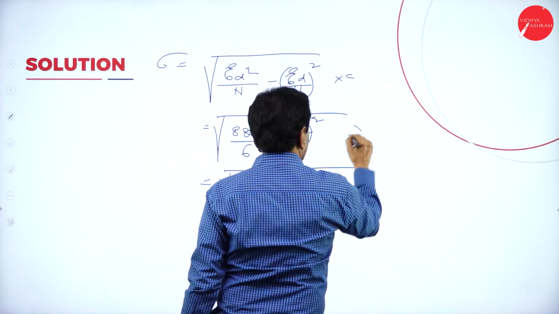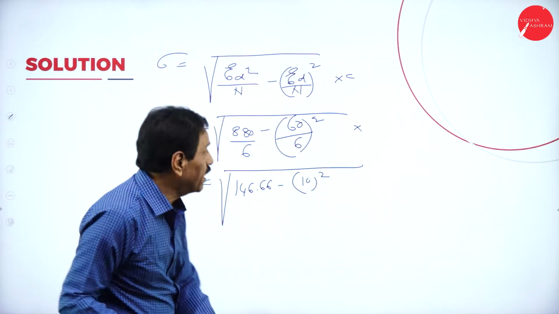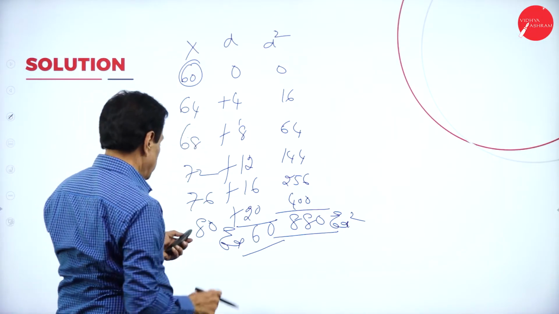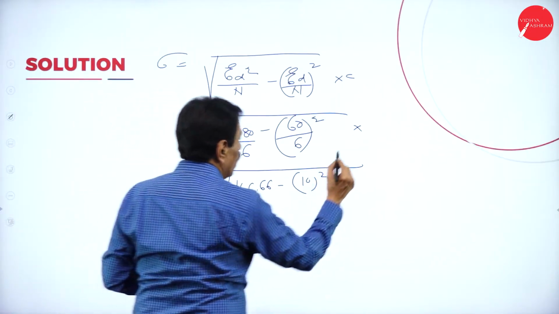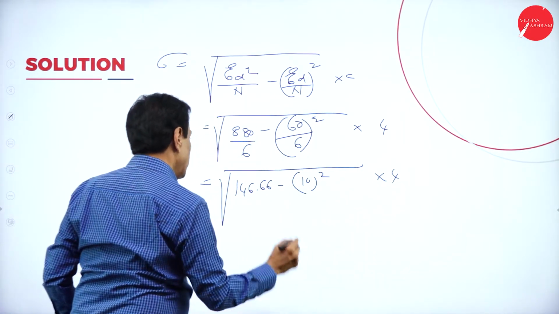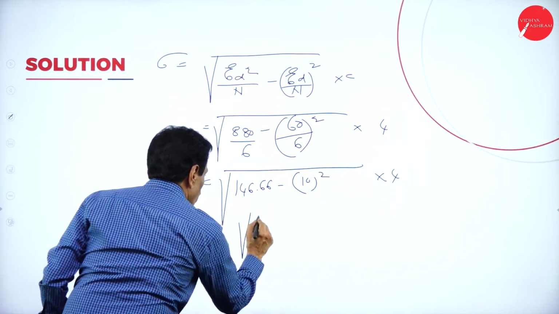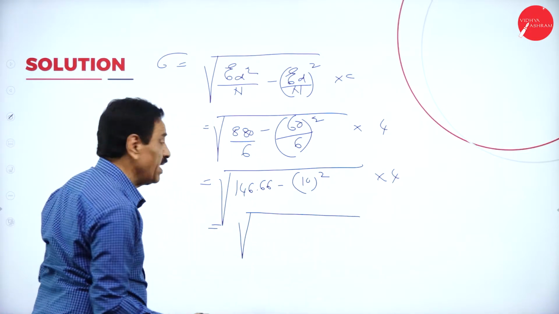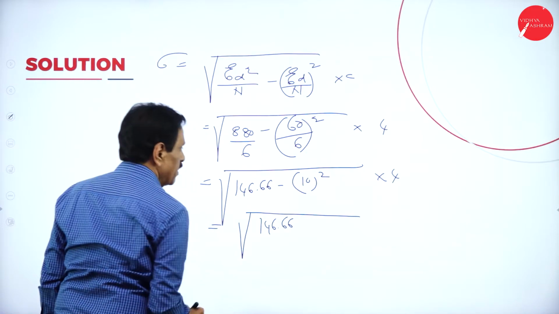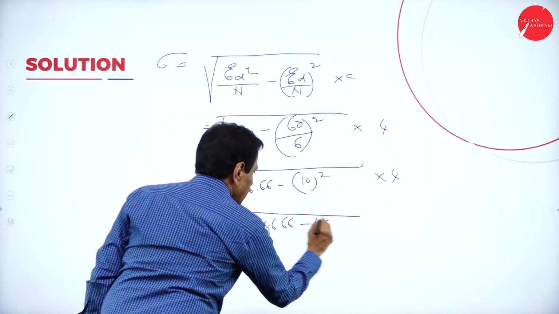Now, if you see that, how much difference will come? See that 4 is there, no? 60, 64, 68. Your class interval is 4 outside the root. Simplify this. Root of 146.66 minus 100.